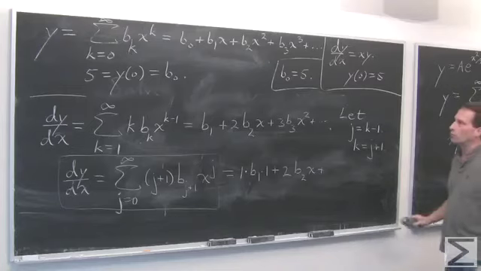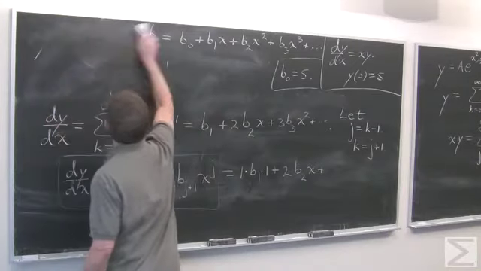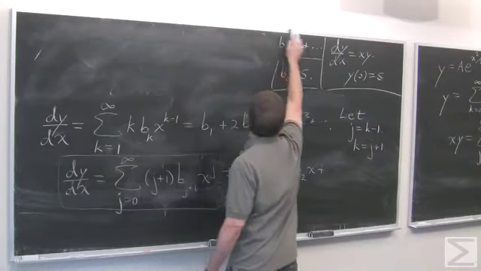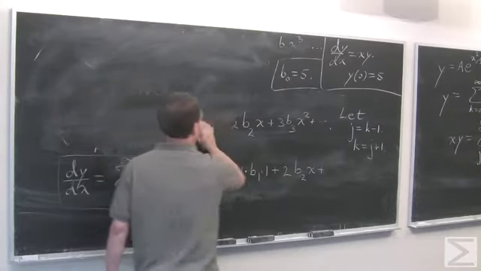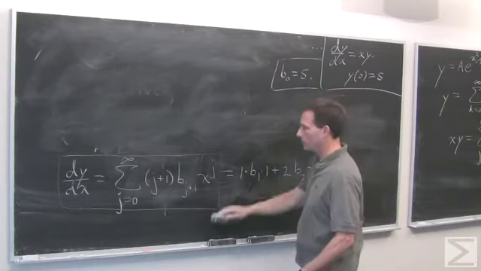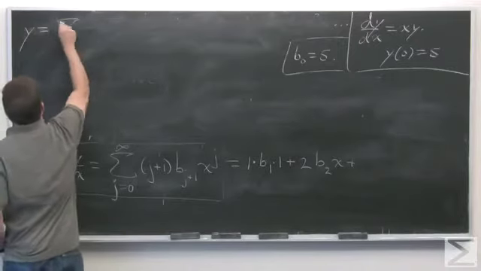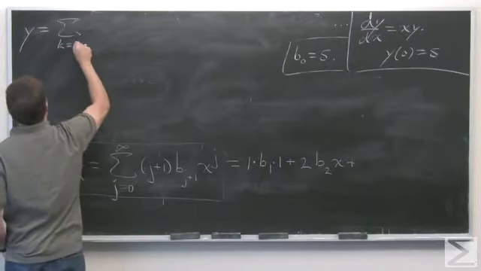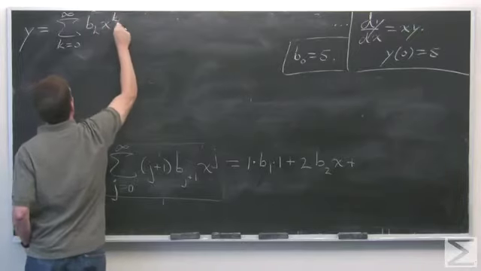We have just found that our differential equation, dy/dx equals x times y, so we started with y equals the sum as k goes from 0 to infinity of b_k x to the k.